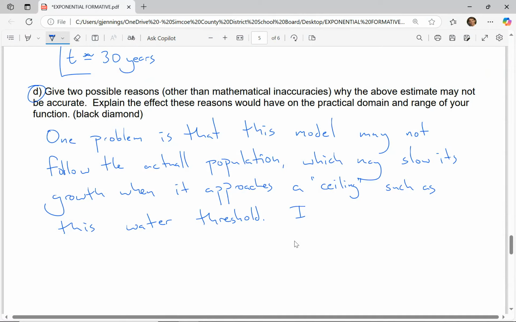This would suggest a practical limitation on the range of the function.